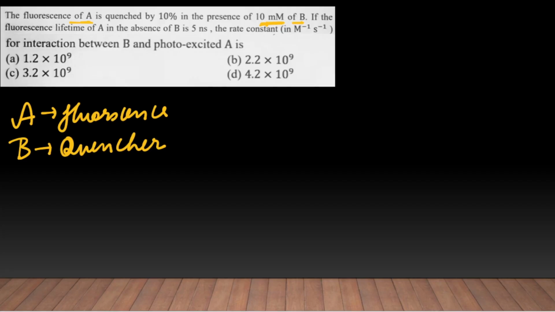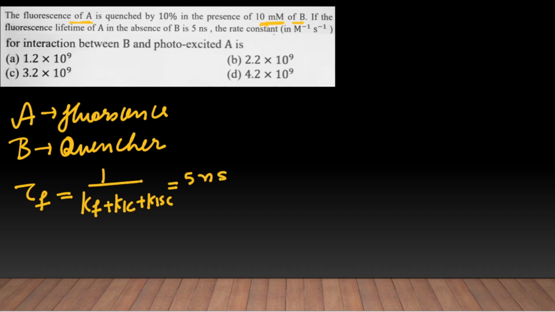If the fluorescence lifetime of A in the absence of B is 5 nanoseconds, which we denote as tau F, defined as 1 upon Kf plus KIC plus KISC, and this value is given as 5 nanoseconds, then the rate constant for the interaction between B and the photoexcited molecule A is asked.